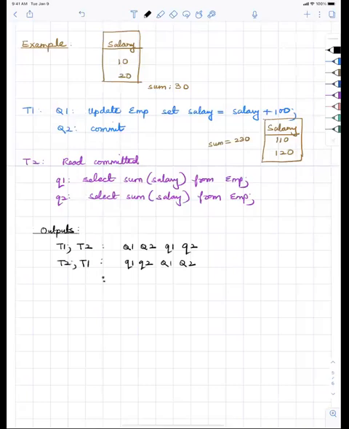Now we have Q1, Q1, Q2, Q2, then you have Q1, Q1, Q2.